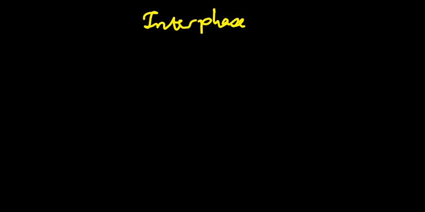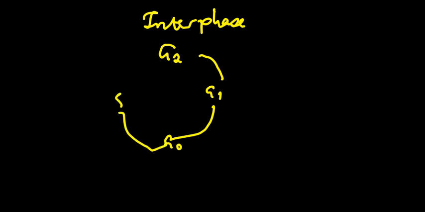Within one of the phases, you have one particular phase where cell replication occurs. So within interphase we have your G1, your G naught, your S phase, and then G2.